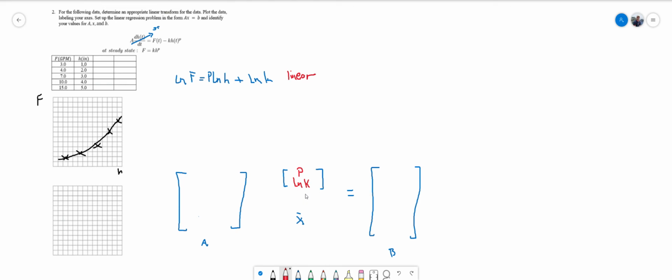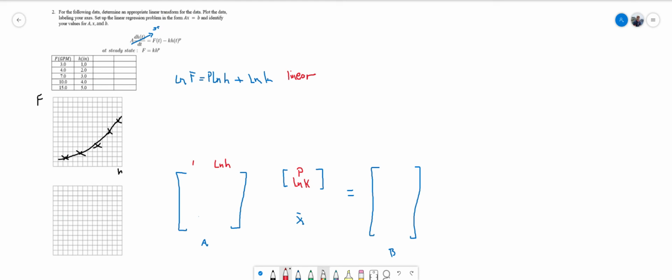So my unknowns, natural log of k and p, are the two unknowns. And then in matrix A, I always put the coefficients of our unknowns. The coefficient of p is going to be the natural log of h, and then the coefficient of the natural log of k is simply just 1.